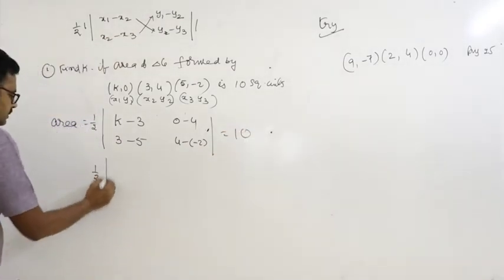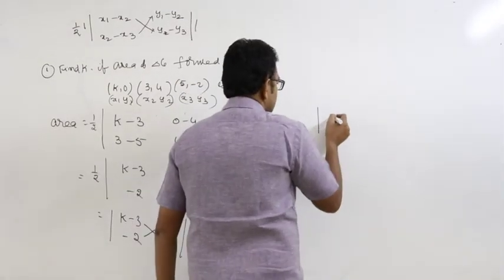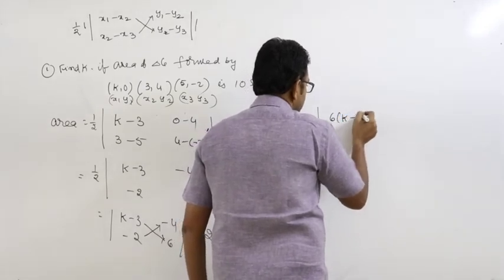That is equal to k minus 3 into 6 minus 4.